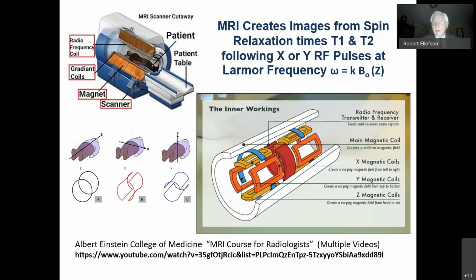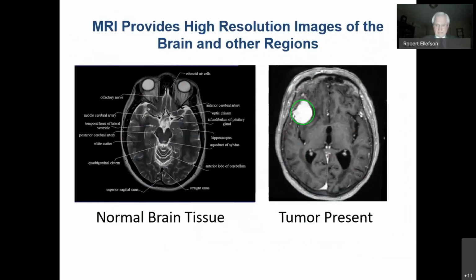And from gathering all that information and massaging the data in a computer, what comes out are images like this. The MRI provides high-resolution images of the brain and other kinds of tissue throughout the body.